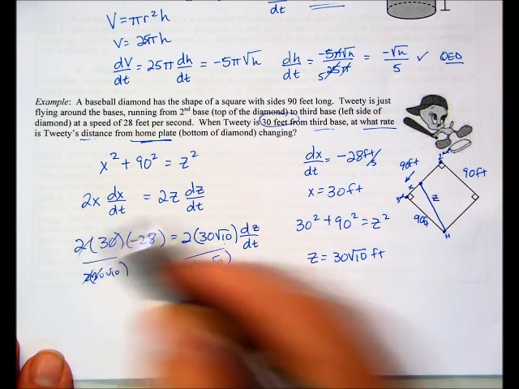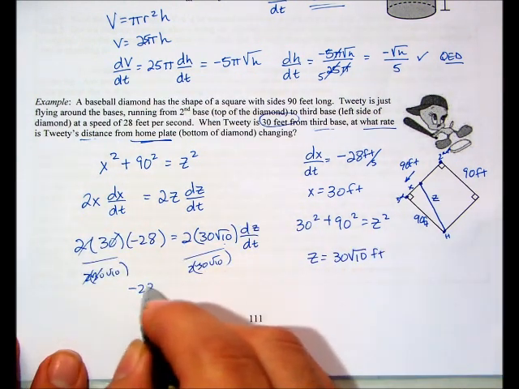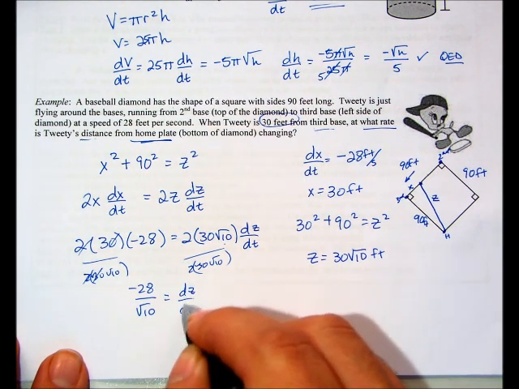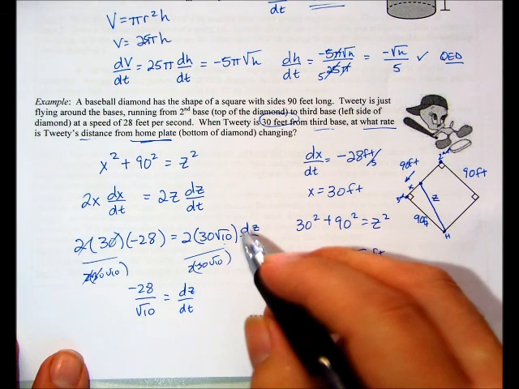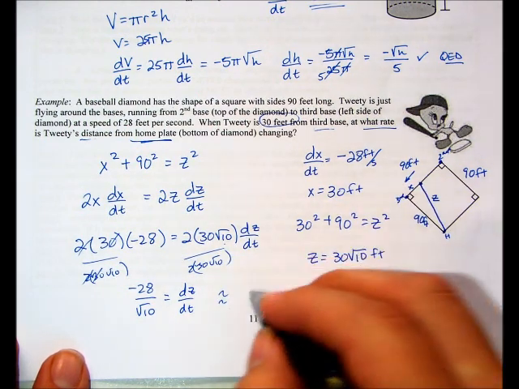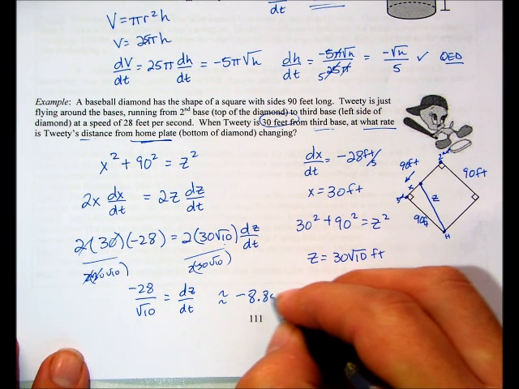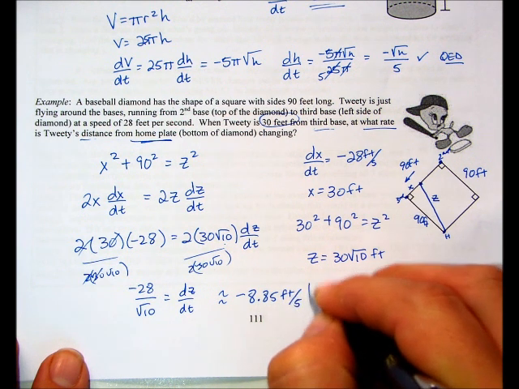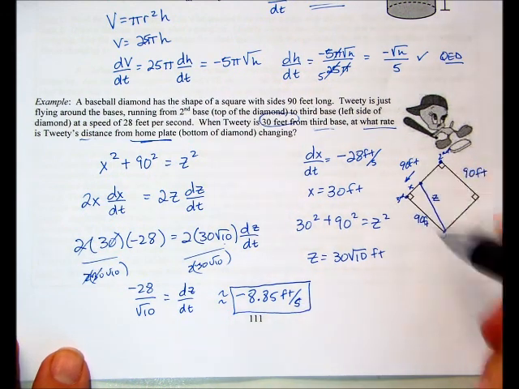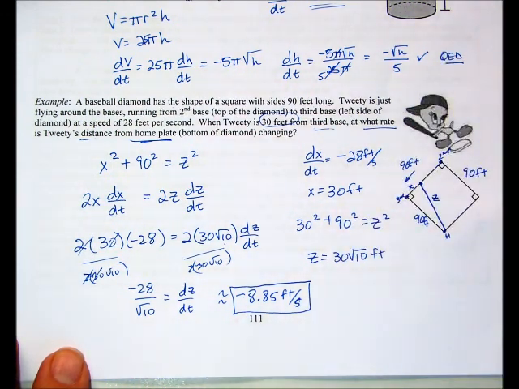And notice that those simplify, so we're going to get negative 28 over root 10 equals dz/dt. If we wanted to find out what that is, that's approximately negative 8.85 feet per second. That seems about right. I mean, if he's going 28, negative 8, this is going to change a little slower than that is.